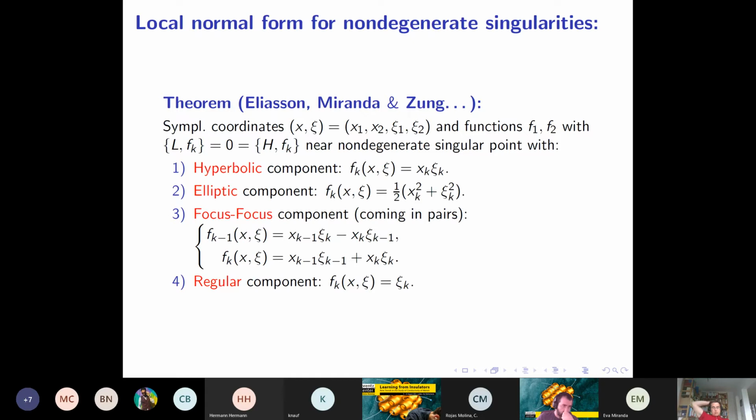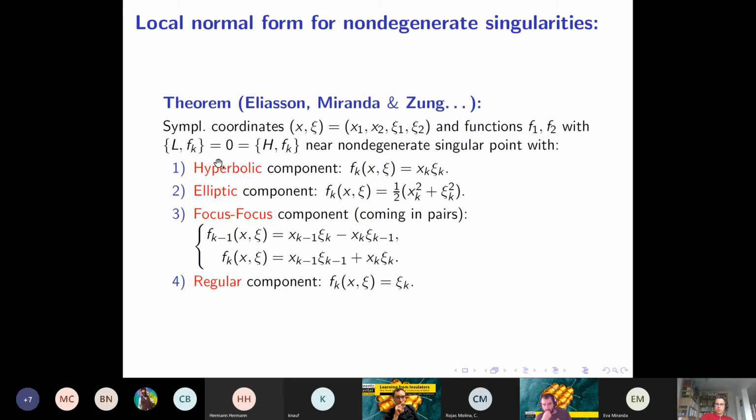And as I said, being non-degenerate means you have local normal forms. There's a theorem which I'm only mentioning with 2 or 3 names, but it has a longer history of how it was built up. This tells you, once I have a non-degenerate singular point, that it decomposes into components.